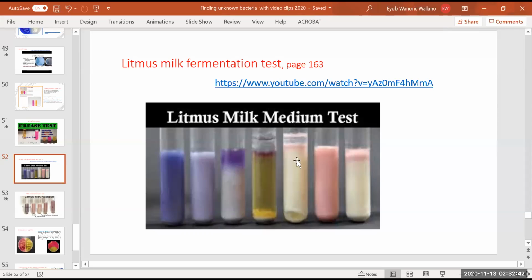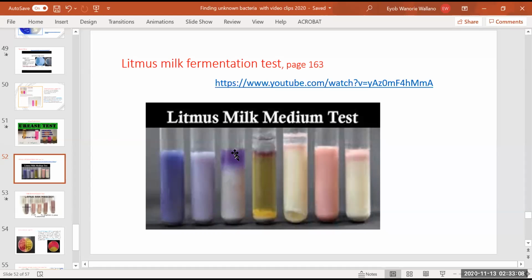Look now, here also coagulation, and then we call peptonization, meaning the breaking down of the milk protein. Peptonase enzyme is breaking this down into peptone proteins. Does this protein exist in cheese? Yes. Does it exist in yogurt? Yes. So these are all fermentation processes.